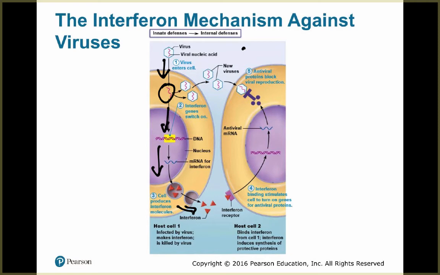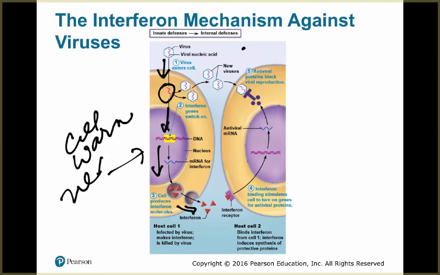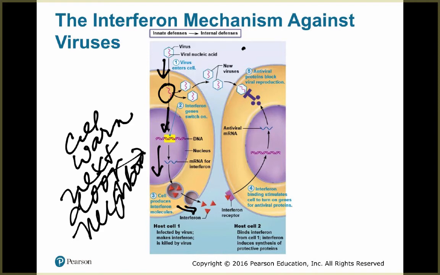Now what'll happen is, this is a way that the cell is going to warn its next door neighbor, right? So they release the interferon. The interferon is going to go onto the receptor of the neighboring cell.